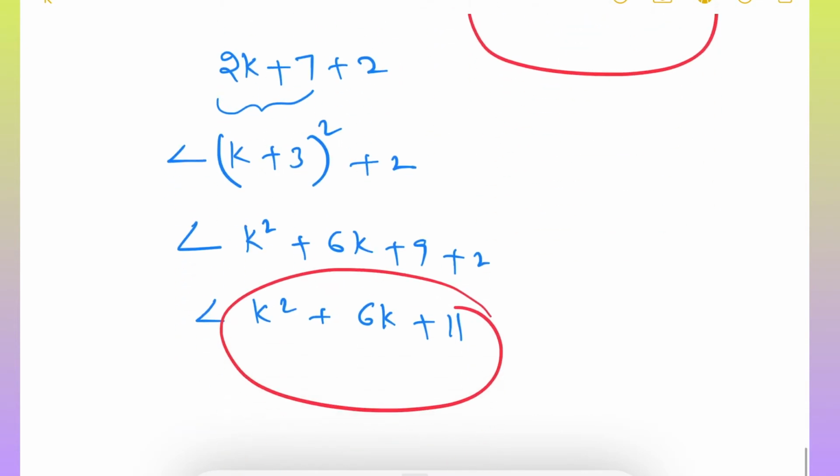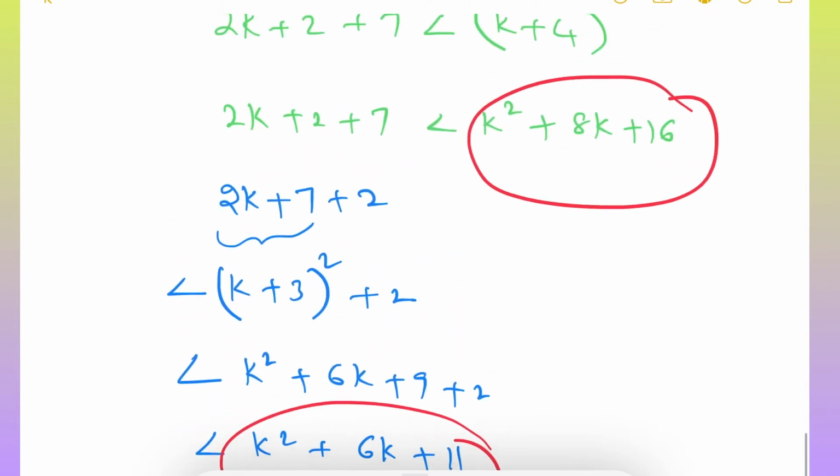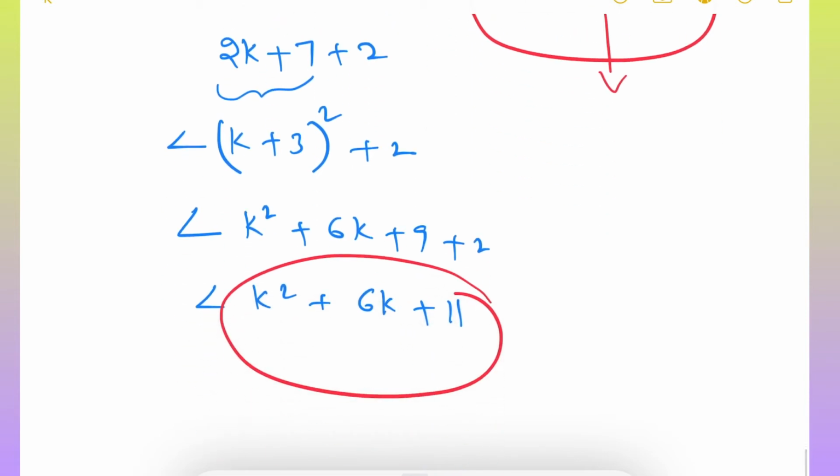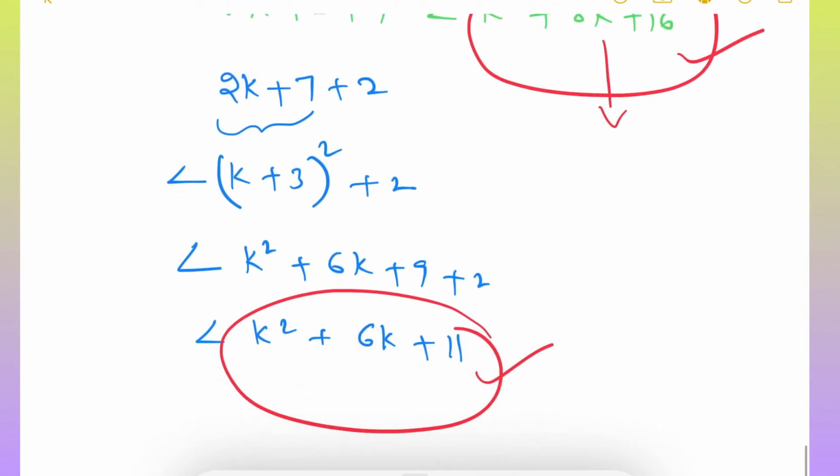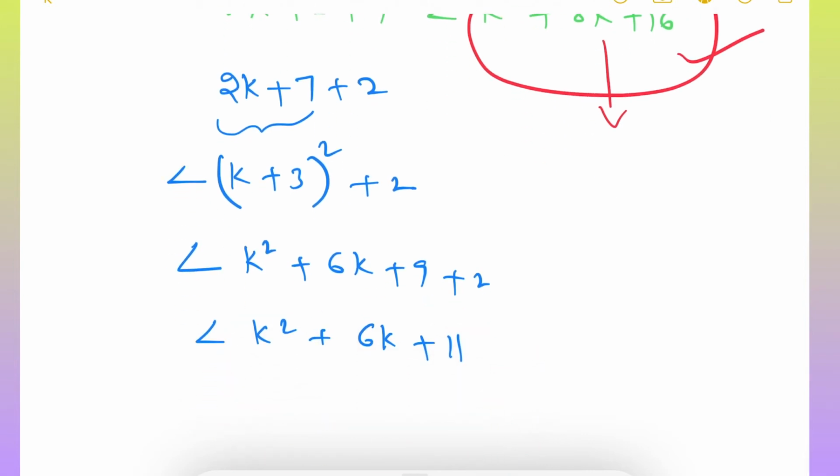Here k square plus 6k plus 11 is there, and here k square plus 8k plus 16 is there. Whatever the value you substitute in the place of k, this left side part is always smaller than the right side part. So the statement is true for n equals to k plus 1.